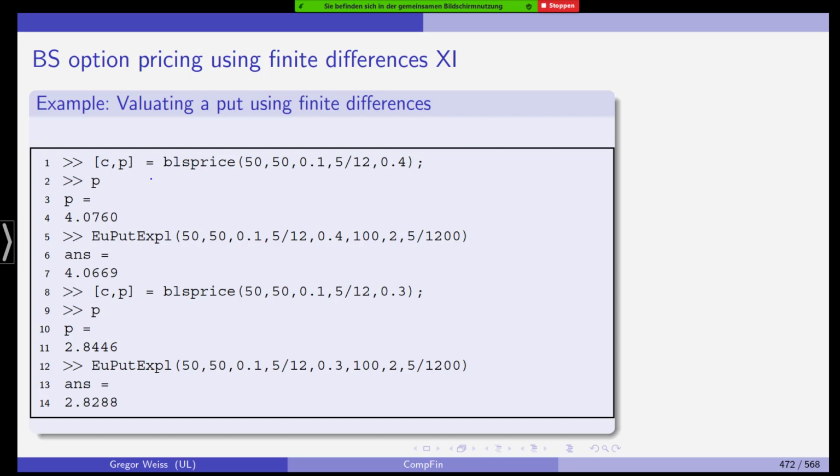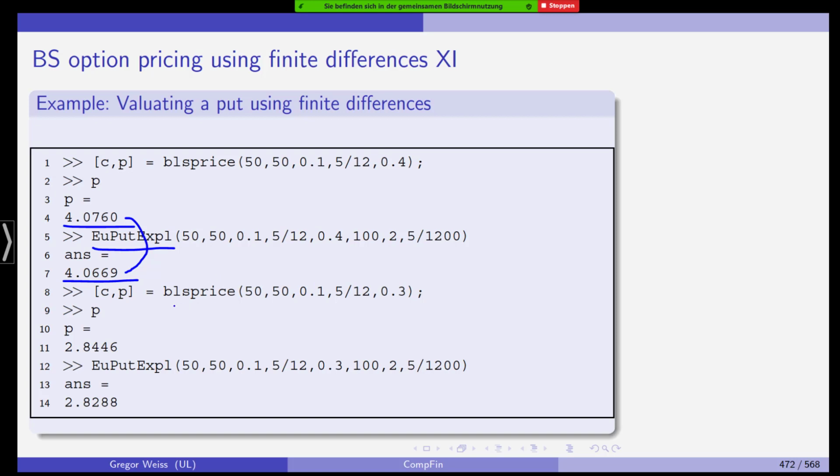You can see the Black-Scholes price is 4.076, and if we use the explicit scheme with the finite differences, we get a price of 4.0669, so quite close to the Black-Scholes price.